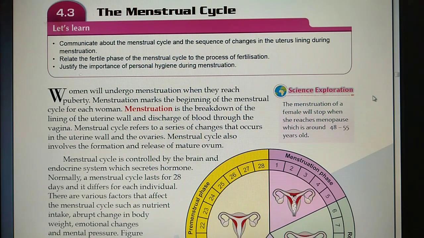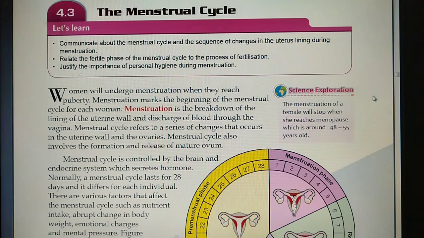This menstrual cycle that occurs in a girl that reaches puberty will have a period of about 28 days. In these 28 days, we have several series of changes that involve the uterine wall, ovaries, and the formation and also the release of ovum.